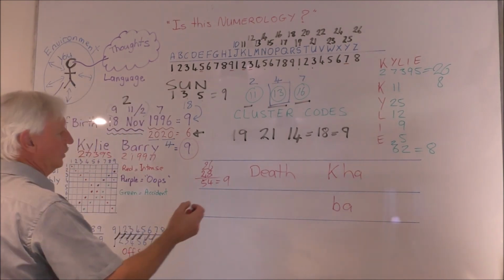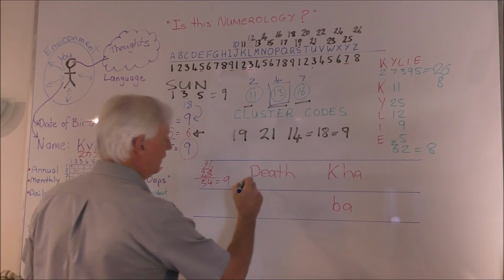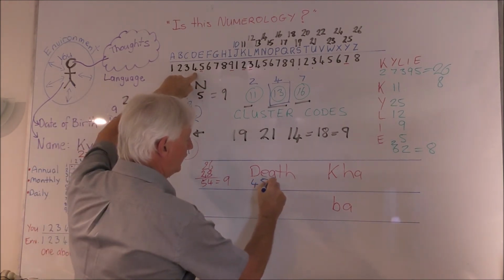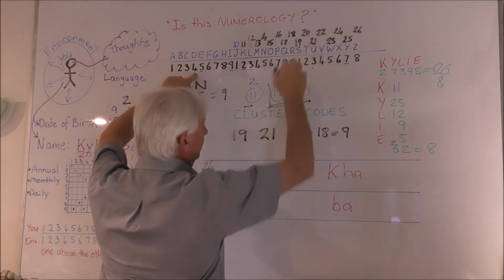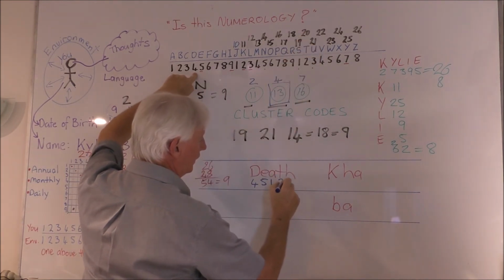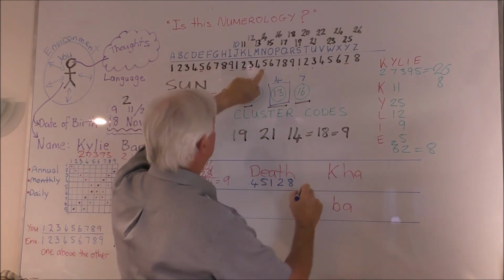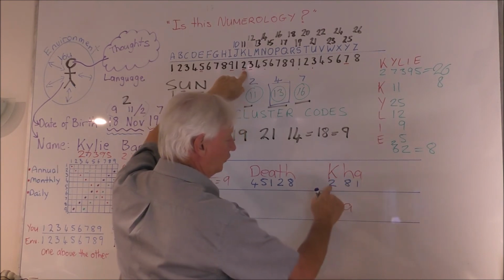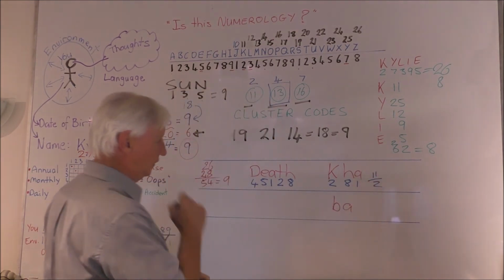So what I do now is I look at this and I'll say, underneath that, I'm going to put 4, because it's up here, it's number 4, D. E is 5, A is 1, T is 20, there it is there, the 20th letter of the alphabet, so I can reduce that to 2, and H is 8. Ka is 11, which is a K, or 2, and 8 and 1. 2 and 8 is 10 and 1 equals 11, which reduces to 2.